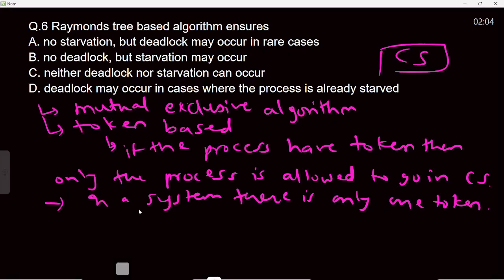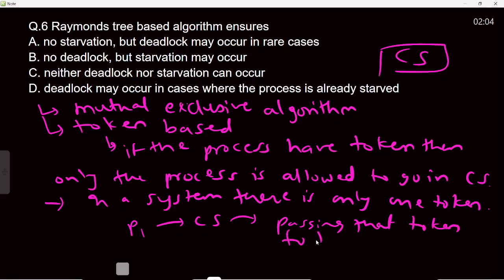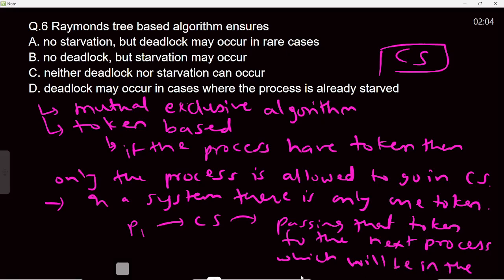Okay, now after this, suppose process P1 goes to the critical section. Okay, now its work is over. Then what it will be doing is passing that token to the next process, which will be in the request queue.